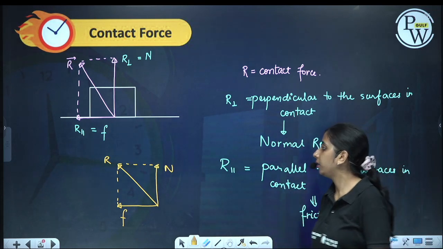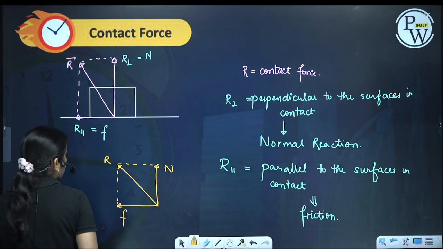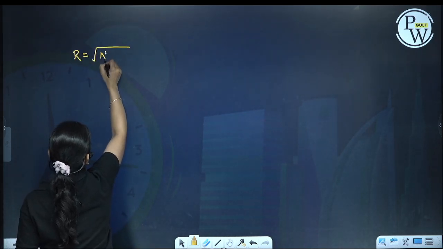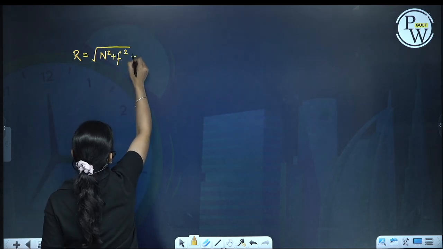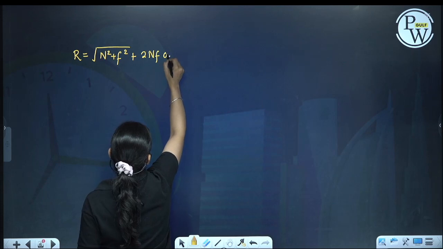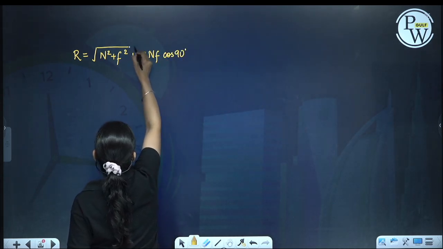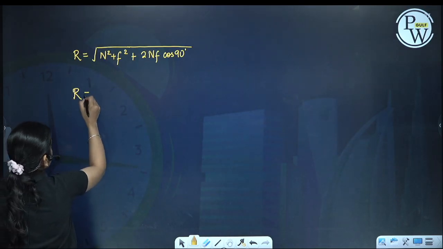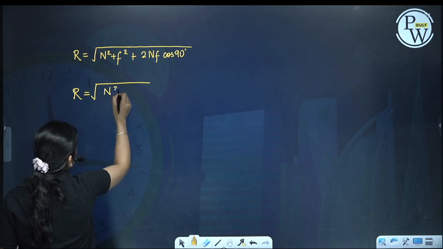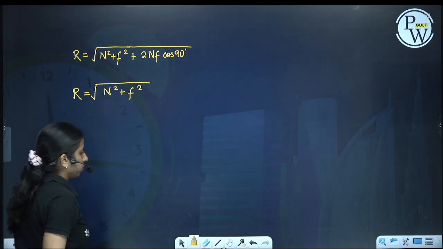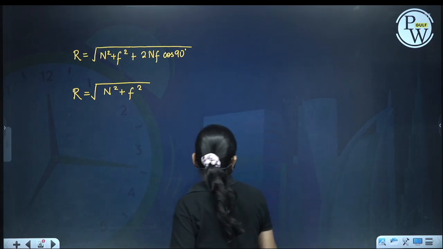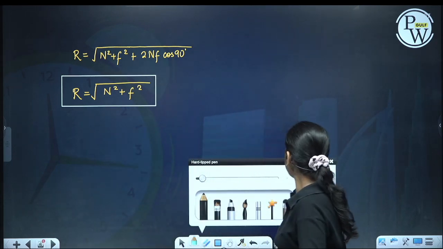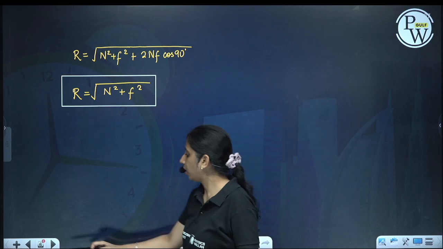So R is equal to under root of N squared plus F squared plus 2NF cos 90 degrees. Cos 90 is 0. So R is equal to under root of N squared plus F squared. Net contact force is equal to under root of N squared plus F squared. This is the contact force.